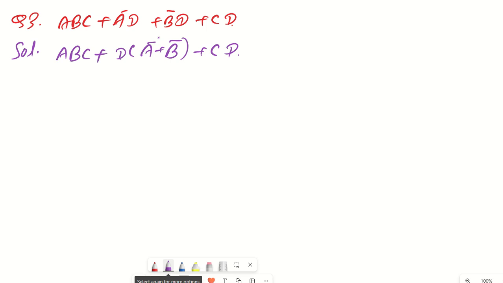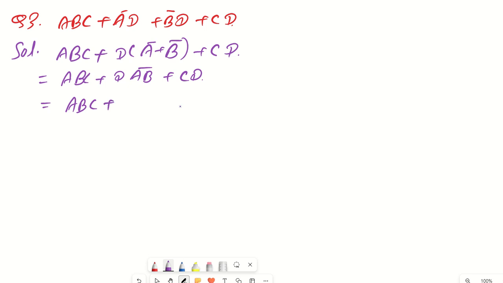Okay. Now you know A bar plus B bar is AB whole bar, right? So by that I can try to use it as ABC plus D into AB whole bar plus CD. Now can we do one thing? You can see that here, if I consider this AB as a single term, then I can have ABC plus AB bar D plus CD, right?